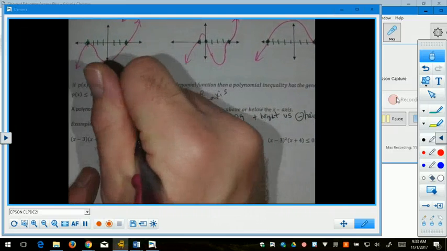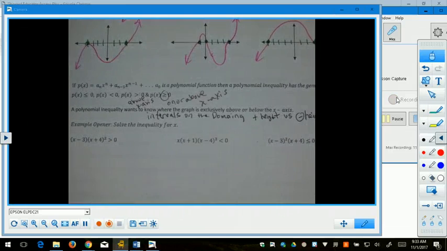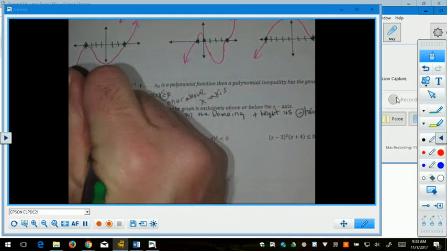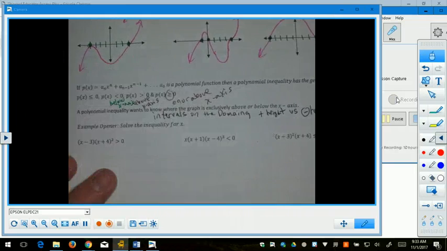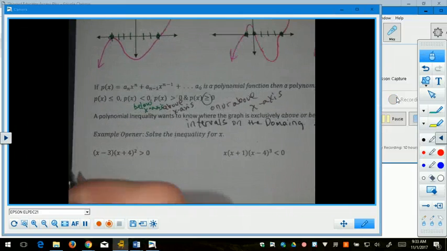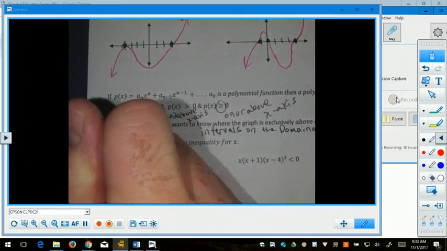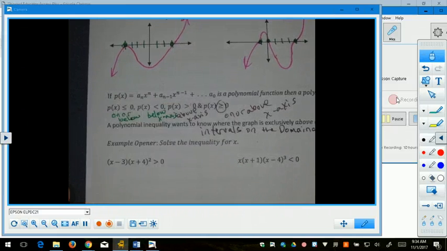Here would be strictly above the x-axis. This would be strictly below the x-axis, and this one would be on or below the x-axis. So that's what those inequalities mean.